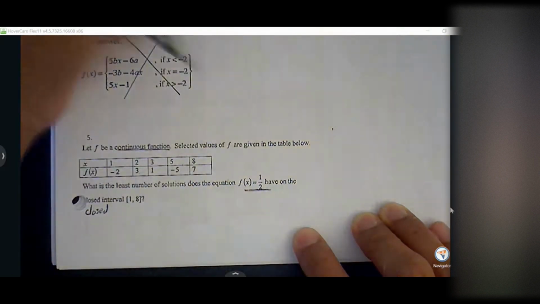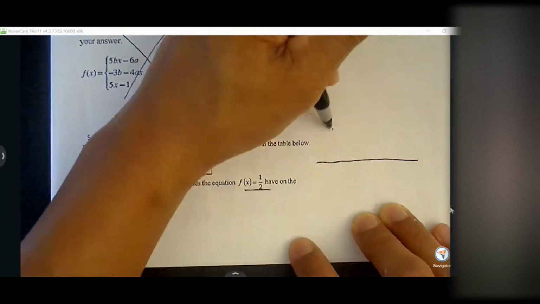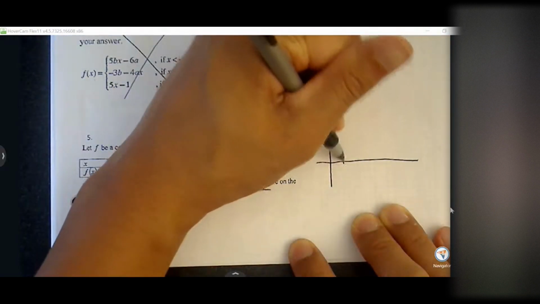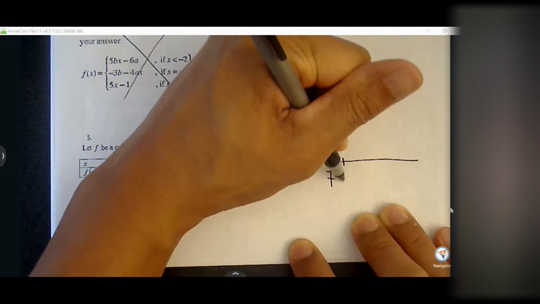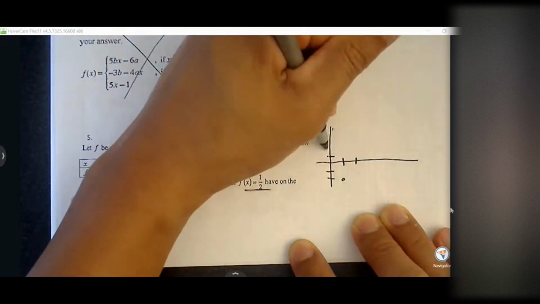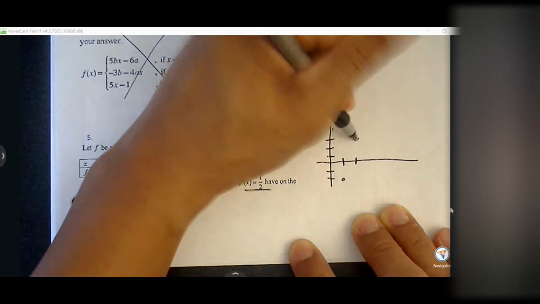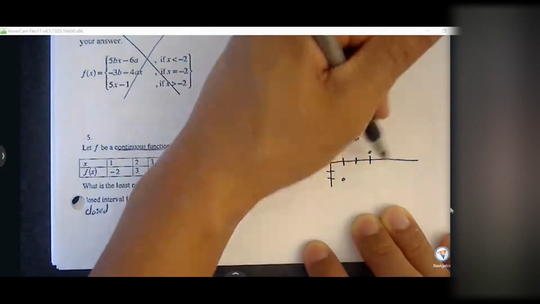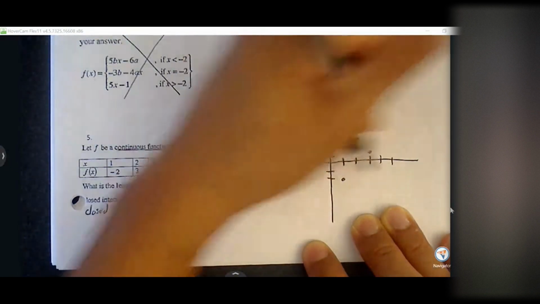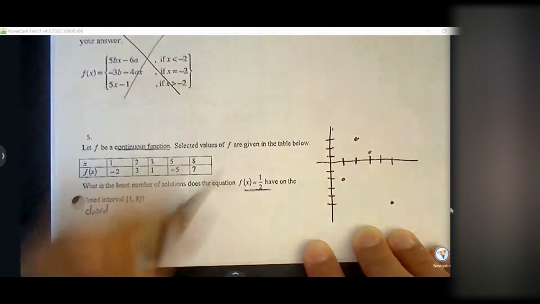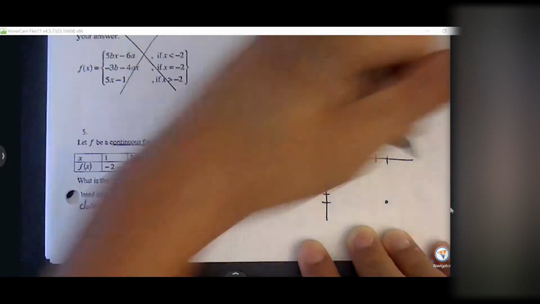So take all these ordered pairs here. So 1, -2. 2, 3. 3, 1. 5, -5. 8, 7.